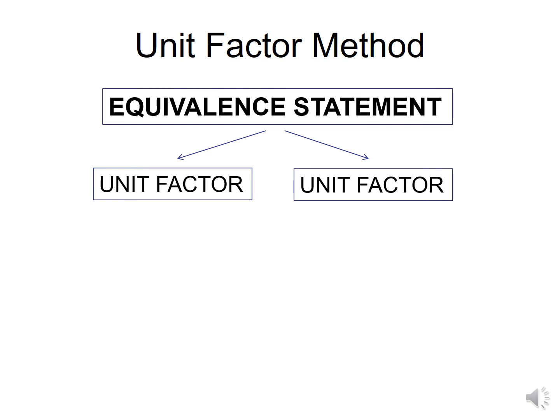Let's look at a concrete example. 1 inch is equal to 2.54 centimeters exactly. This is an equivalence statement. It says that 1 inch is equal to, or even better, equivalent to 2.54 centimeters. They represent the same length.